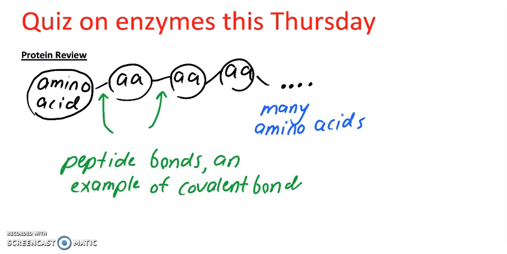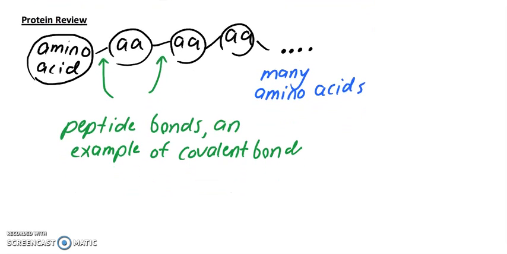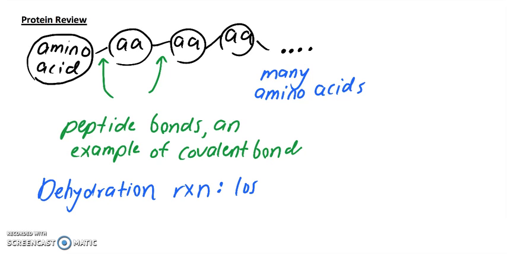To form these covalent bonds, we undergo a reaction called dehydration to form a peptide bond. In a dehydration reaction, we lose a water molecule, an H2O.